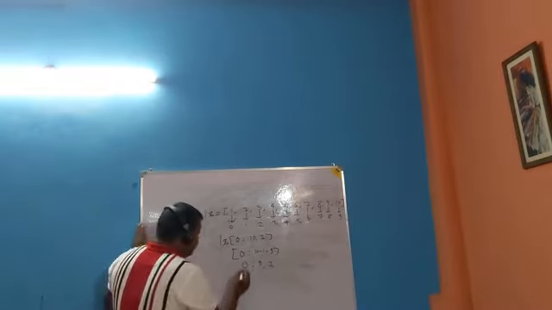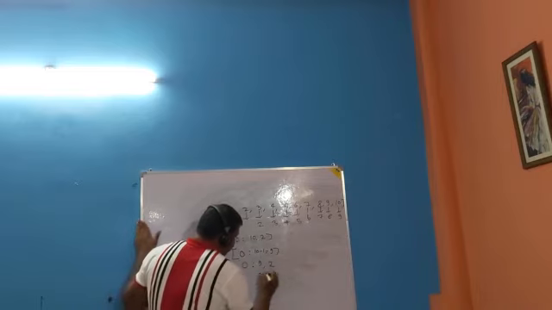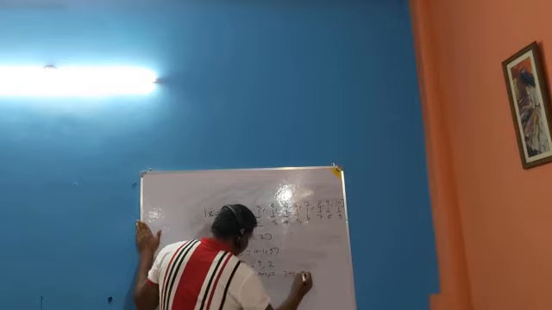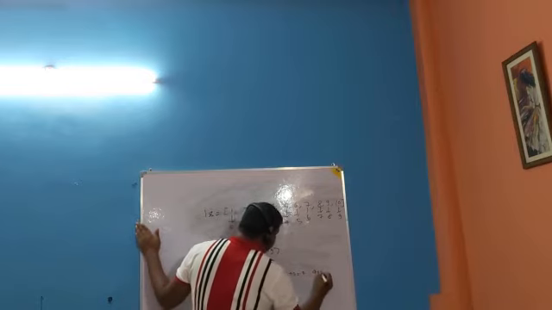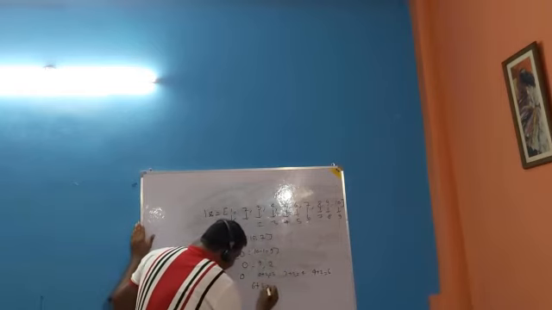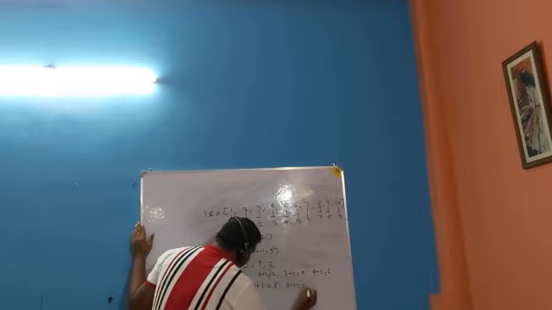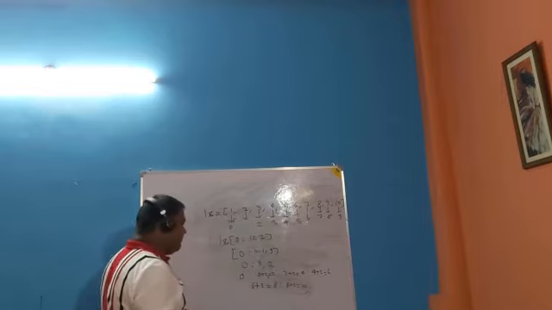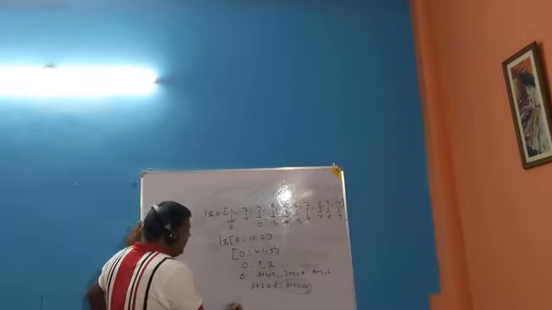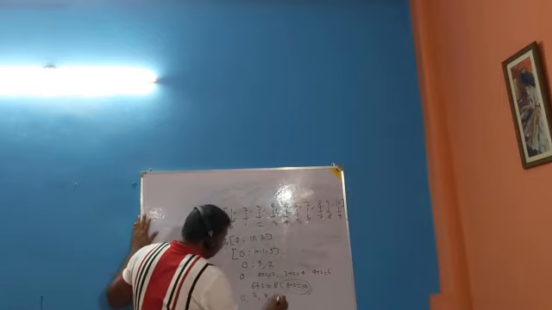Gapping of two means 0, then 0 plus 2 becomes 2, then 2 plus 2 becomes 4, then 4 plus 2 becomes 6, then 6 plus 2 is 8, and 8 plus 2 is 10, which is not possible because we have to get values up to 9 only. So here the index values we get are 0, 2, 4, 6, 8.